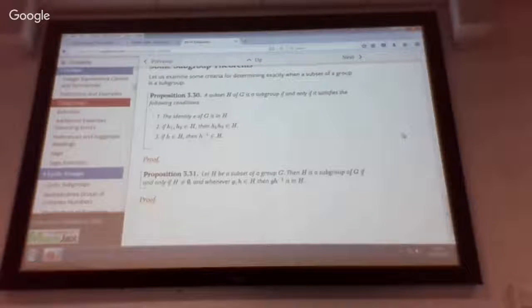So that's showing that H is non-empty. We could use either of these propositions to prove that. I think it's most instructive for the moment to use the first one, proposition 3.30. It separates out the axioms, and we deal with each one by one. But do know that there is this more compact, efficient version in 3.31.